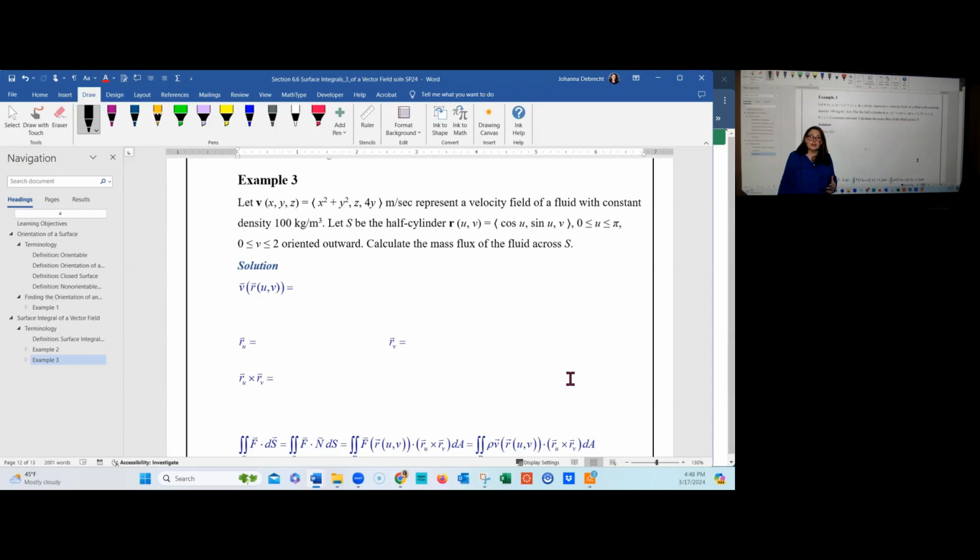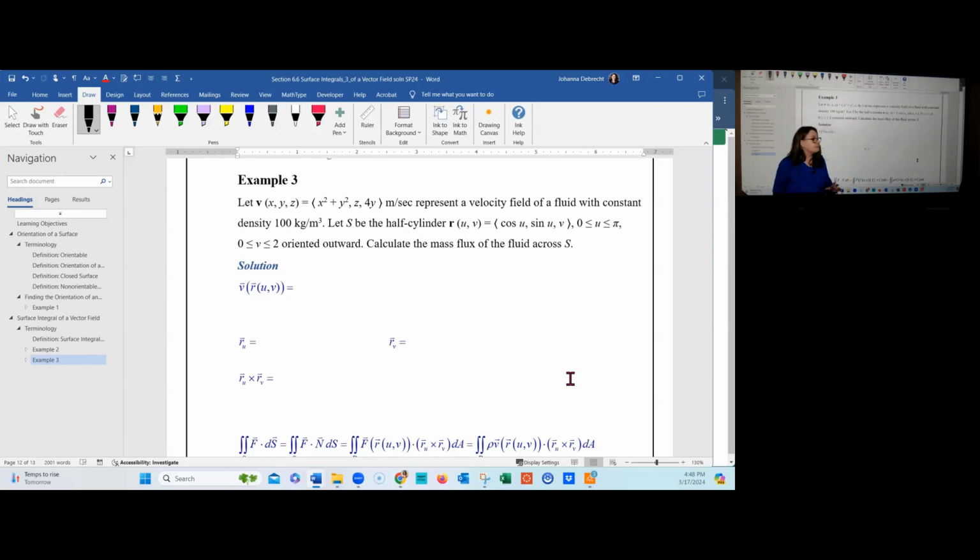Now u is going to vary from 0 to pi so that we get a half circle, a semicircle in the xy plane. V is going to vary from 0 to 2, which is going to pull the image of the semicircle up so that it has height from 0 to 2, giving us half of a cylinder. We want to calculate the mass flux of the fluid across this surface.